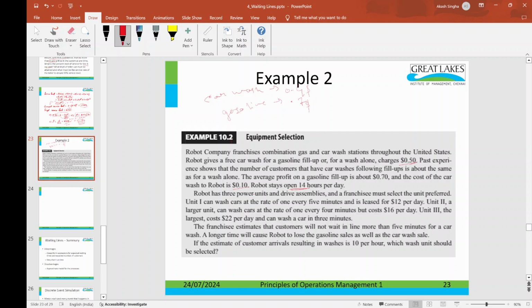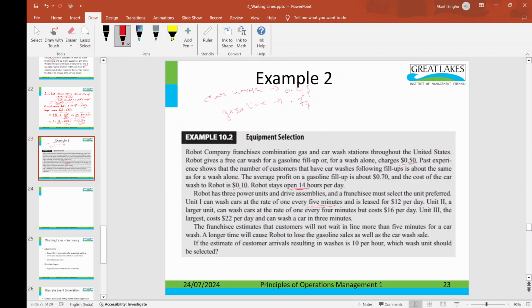Also given, the robot stays open, so the working time for the robot is 14 hours. Now the robot has three power units and drive assemblies, and the franchise must select the preferred unit. Unit 1 can wash a car every 5 minutes and is leased at $12.